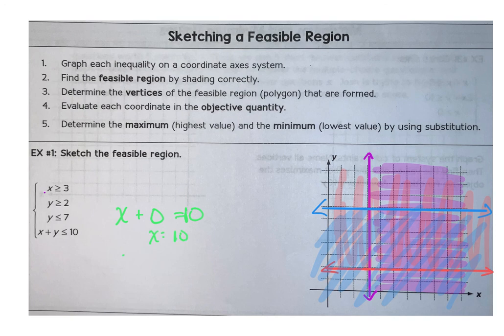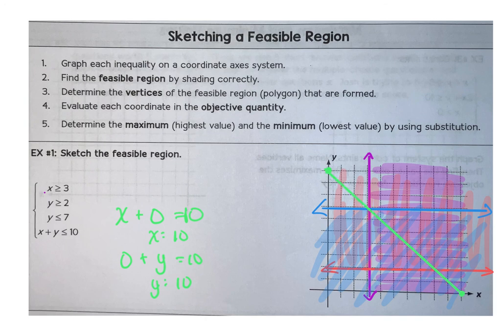And to find my y-intercept, I just make x 0. So my y-intercept is also 10. So I can go to 10 on the y-axis and 10 on the x-axis, and I can just graph those 2 points. In word problems especially, intercepts will likely be the easiest way to do those. So there's my line there.